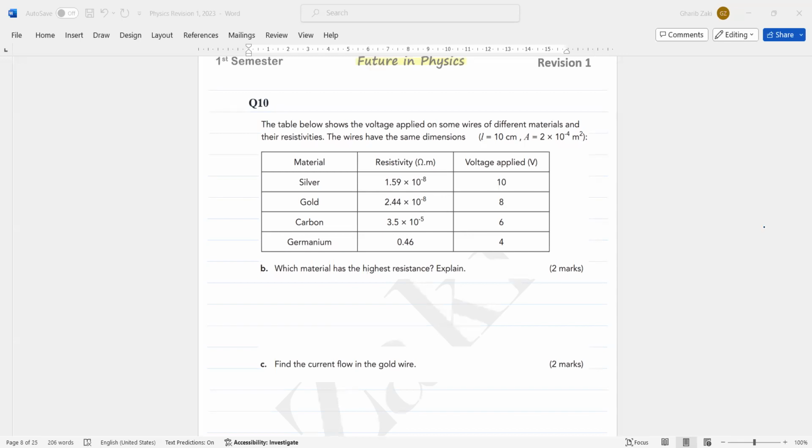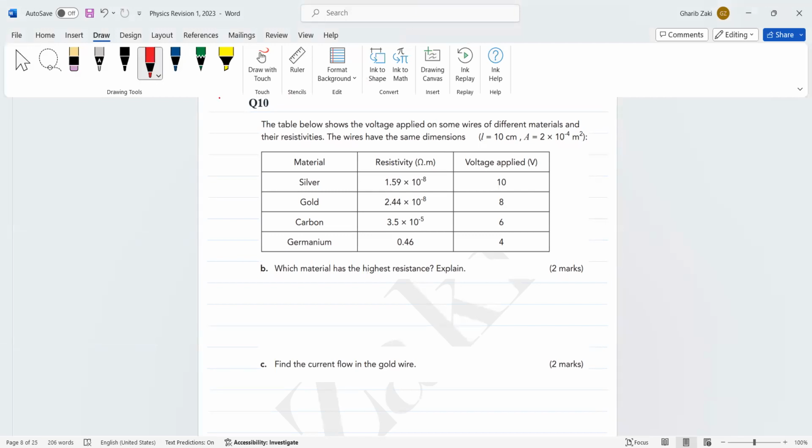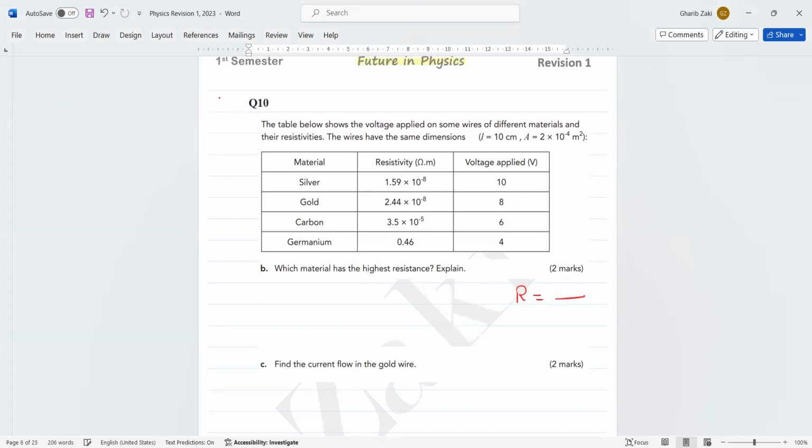Actually here, what is the relation between the resistance and the resistivity? We know that R equals rho L over A. When L and A are the same, are constant, then R is proportional to rho. Now, which material has the highest resistance? That material has the highest resistivity.